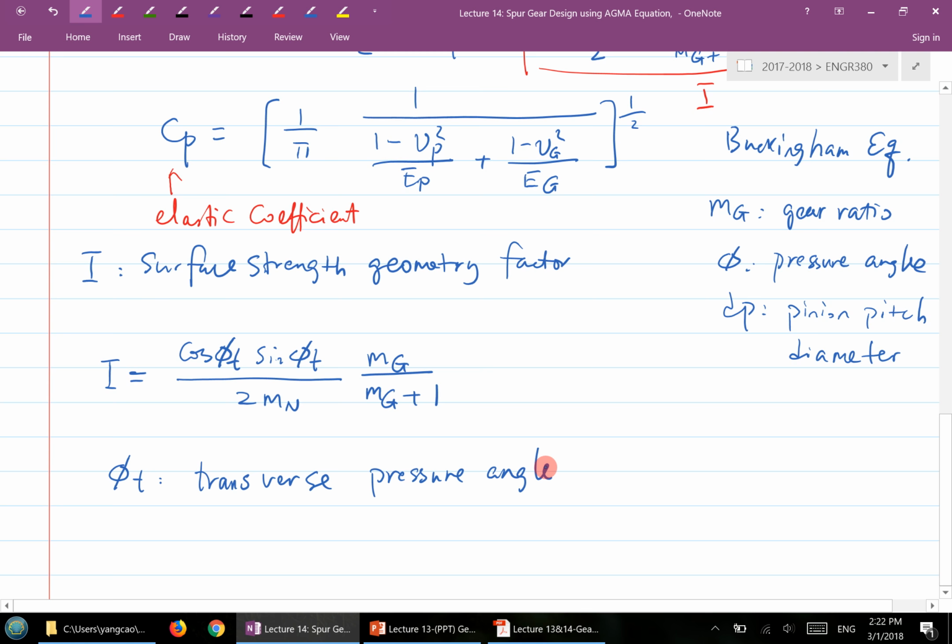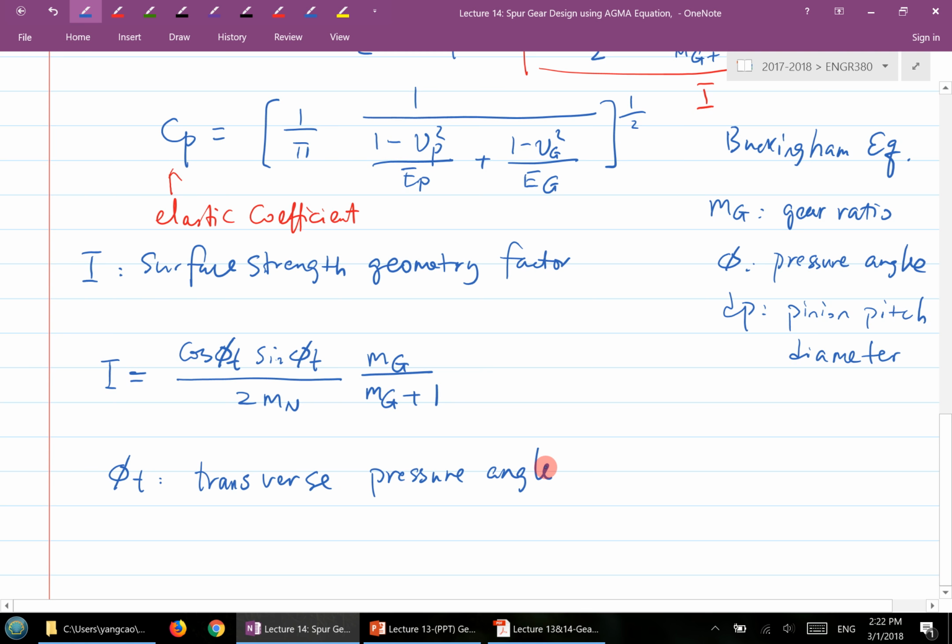If you remember when we learned the terminologies for helical gear, you have two sets of parameters: one set in the transverse plane, and the other set in the normal plane. The helical gear tooth is not straight, and if you look at the front view of the helical gear, that's the transverse plane.